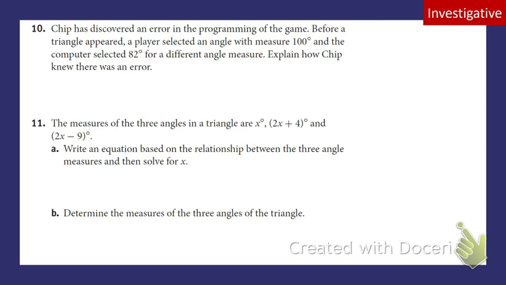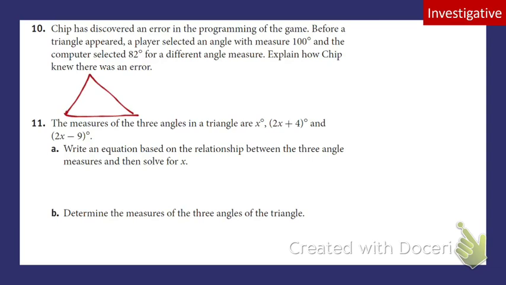Chip has discovered an error in programming of a game. Before a triangle appeared, a player selects an angle with a measure of 100 degrees. And the computer selected 82 degrees for a different angle measure. Explain how Chip knew there was an error. So we're looking at a triangle here, right? So for me, I'm very picturesque.